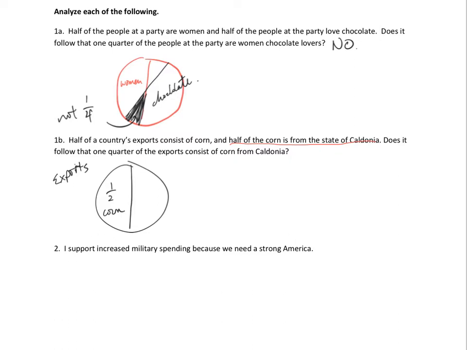So half of the corn, we'll say this half, is from Caledonia. So half of a half is in fact 1/4. So the question asks, does it follow that 1/4 of exports consist of corn from Caledonia? Yes.